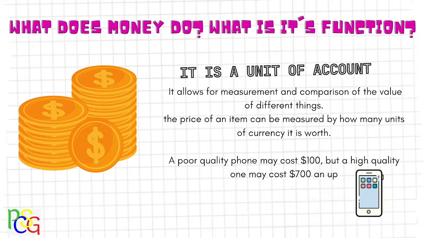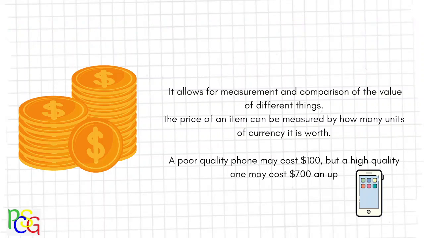So the same example with the milk, you can have a small milk for $5, a medium one for $10, and then a large one for $20. A poor quality phone may cost $100, but a high quality one can cost $700 and up. So it is a unit of account.